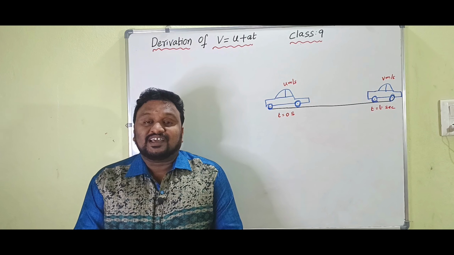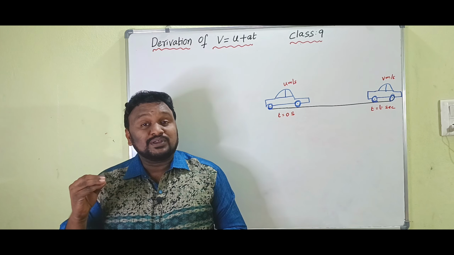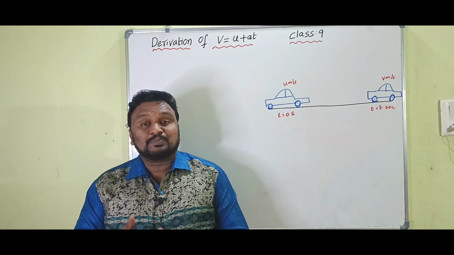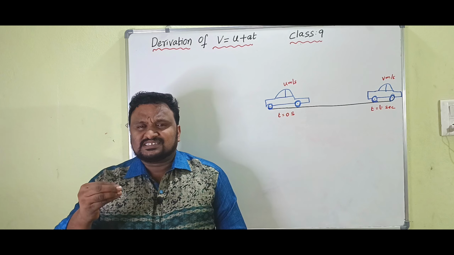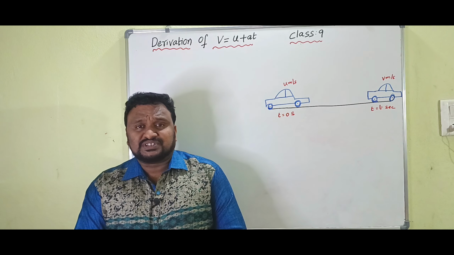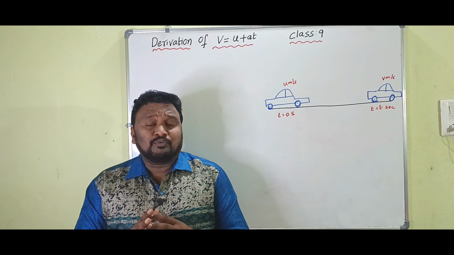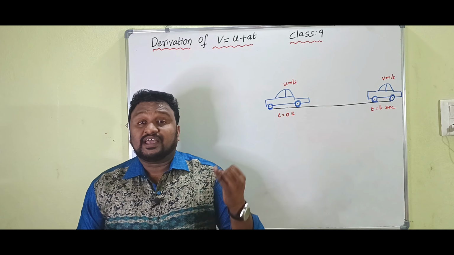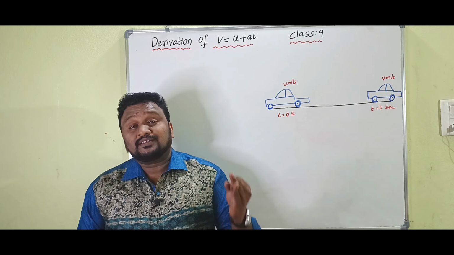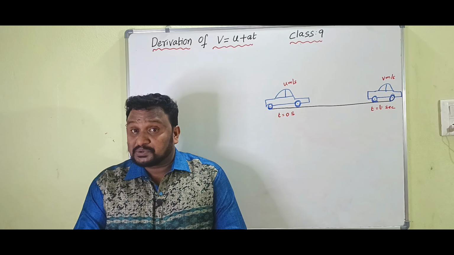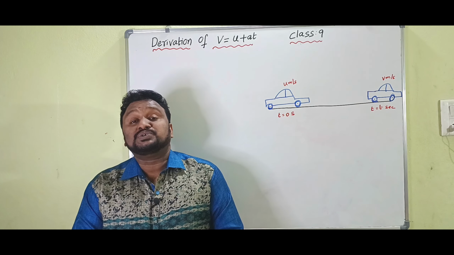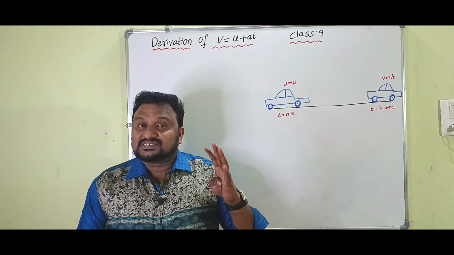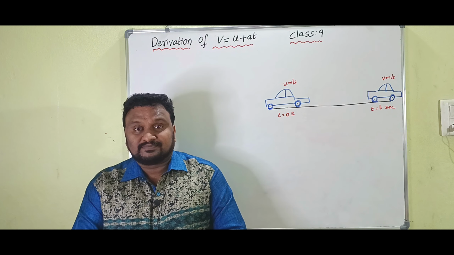Dear children, in this video we are going to discuss the derivation of v equals u plus at. This is the very easiest derivation, children. Already we have four equations of motion: v equals u plus at, s equals ut plus half at square, v square minus u square equals 2as, and Sn equals u plus a over 2 times (2n minus 1). We already discussed those four equations.